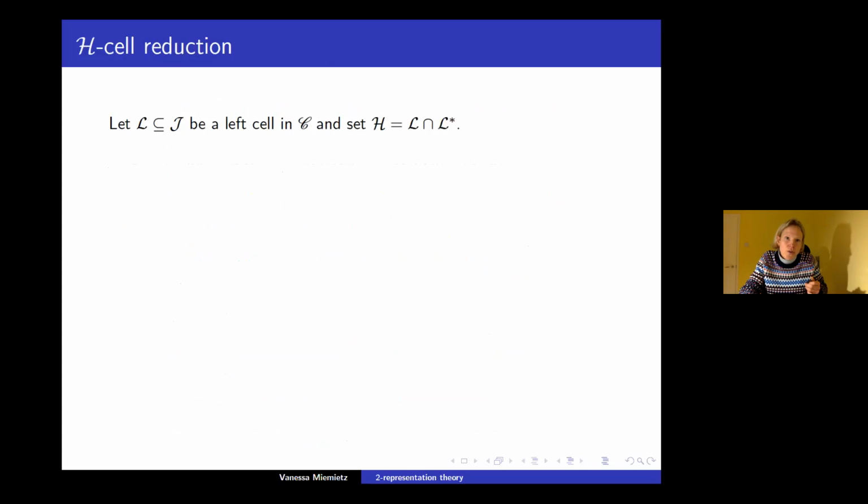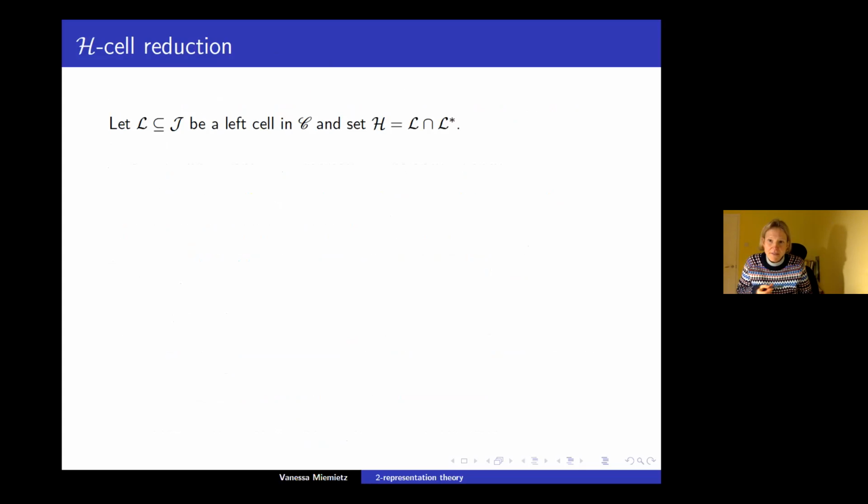So what do we do then? Firstly, we have fixed our apex J that we want to find the simple transitive 2-representations for. Now we pick some left cell in it, and we look at the dual right cell.